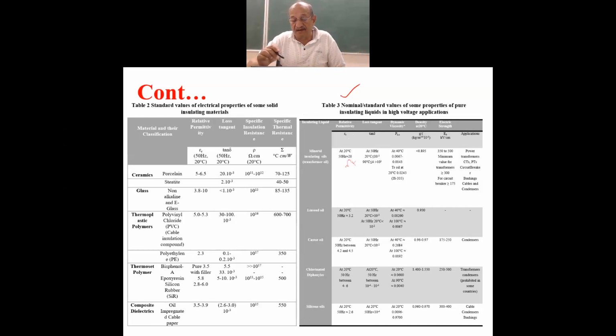These are all standard values, and any deviation from these values may tell that the condition of the dielectric is not very good. Deviation may be there, but may also be allowed within a certain range.